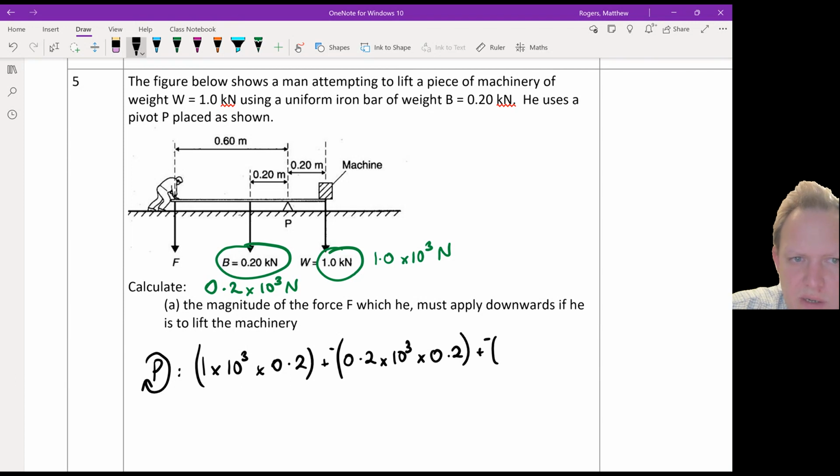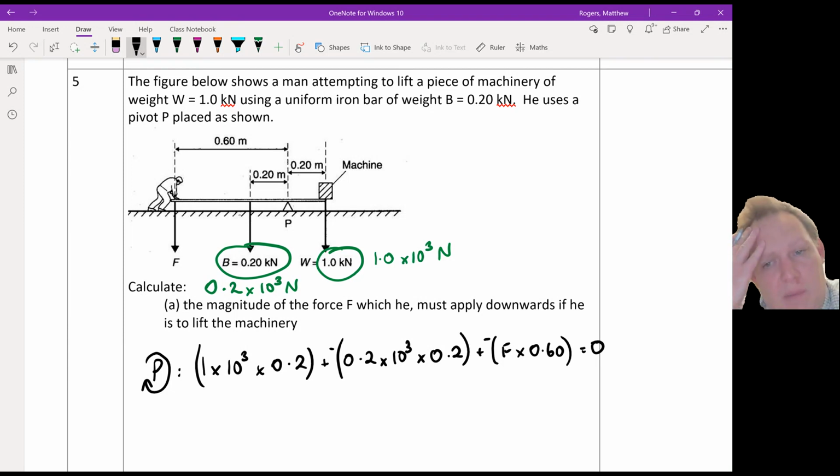It's also minus F, distance 0.60 meters. And for him to be able to just lift it, so that the moments are balanced, we're going to say that's equal to 0.